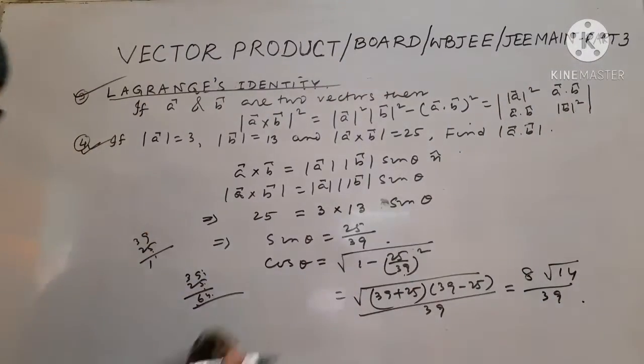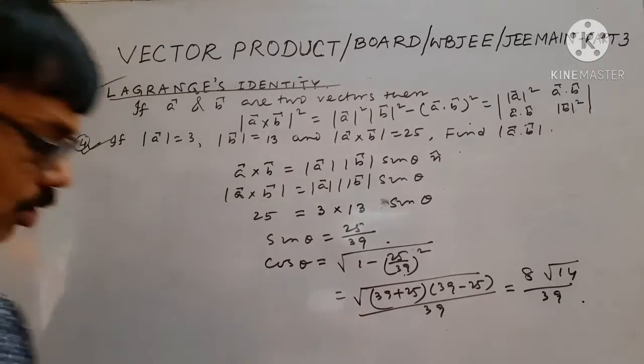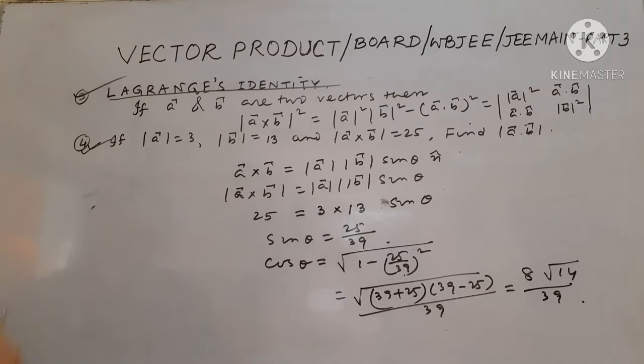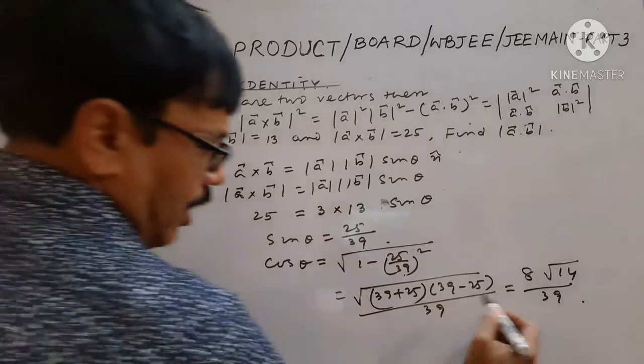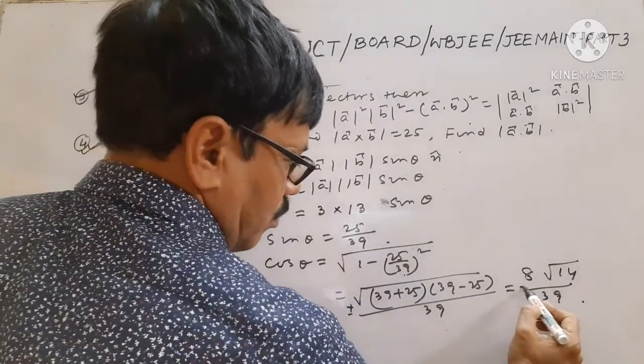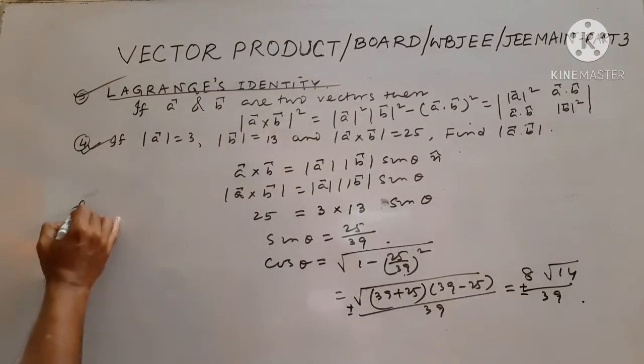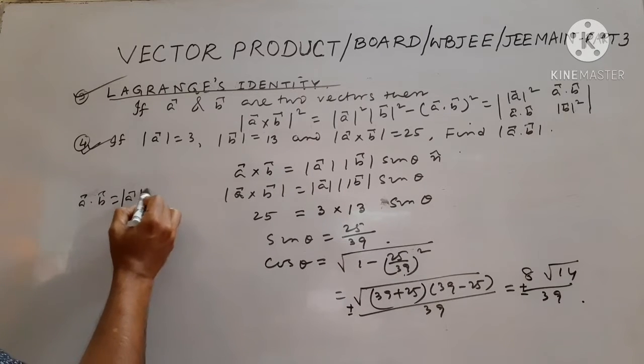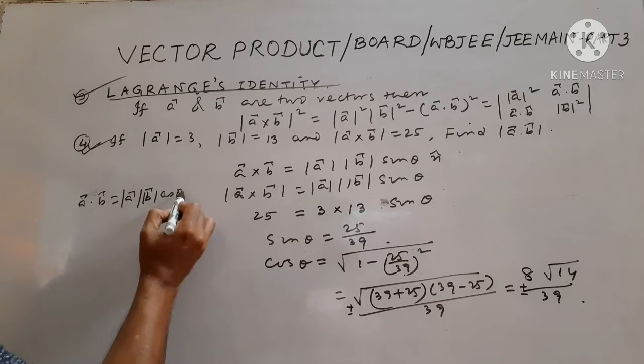Now we need A dot B. So you can write this as plus minus. So A dot B is magnitude of A, magnitude of B, cos of theta.